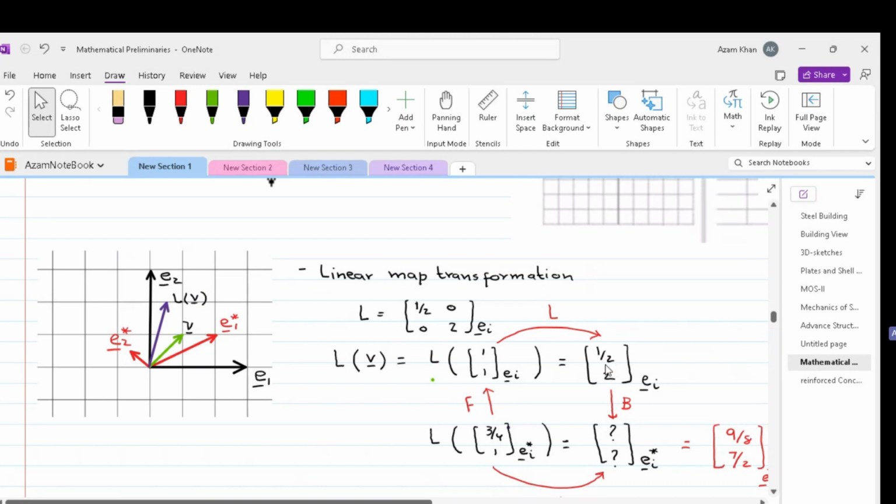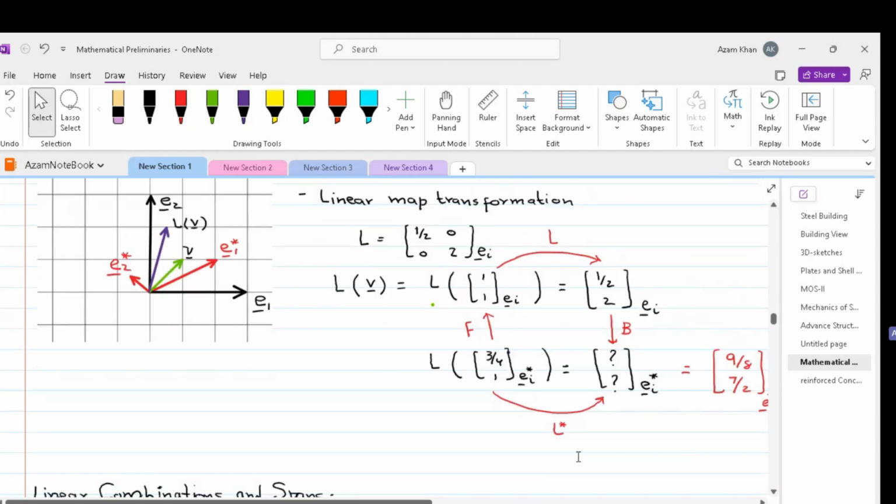After that, we multiply this vector with the backward transform in order to get the corresponding vector in the new basis. We can also say that if we take the map corresponding to the old basis and multiply it with the forward and the backward transform, we will get L star, which will give us the components straight away in the new basis.